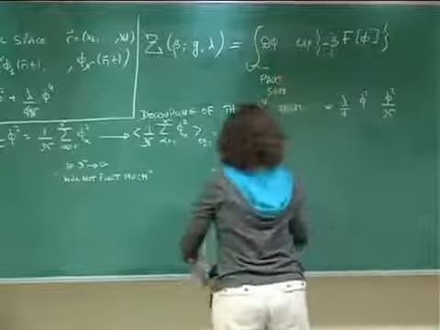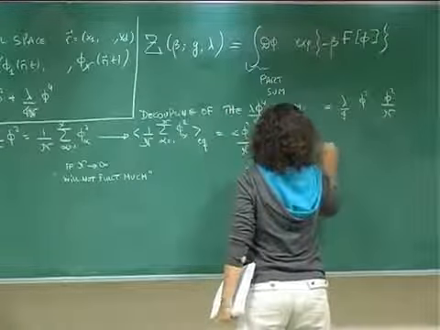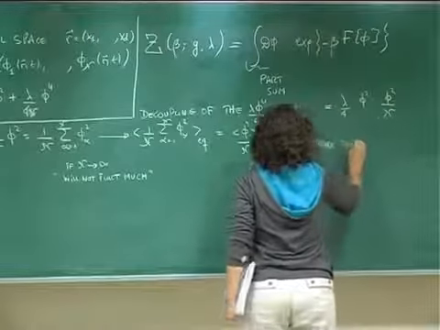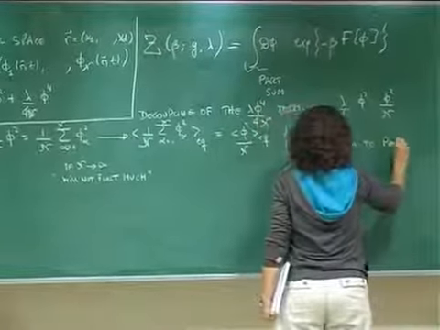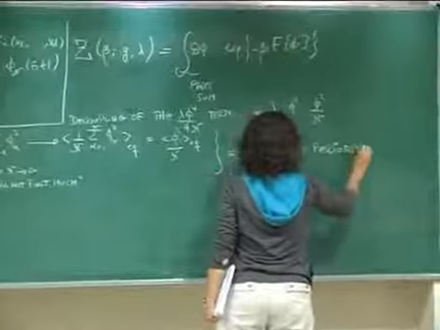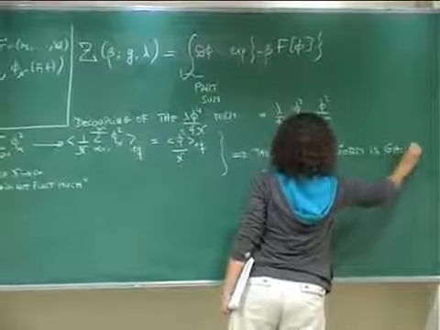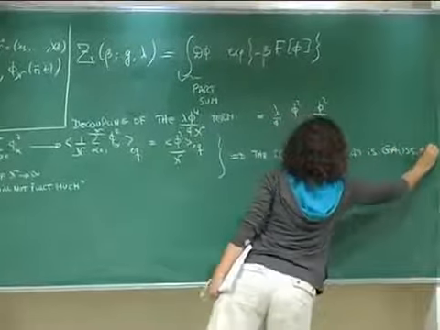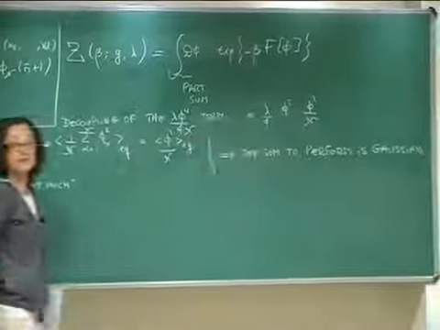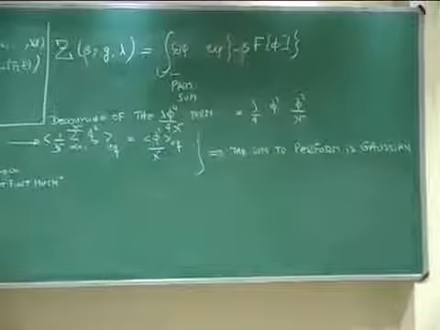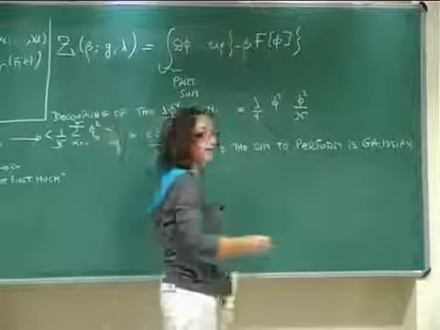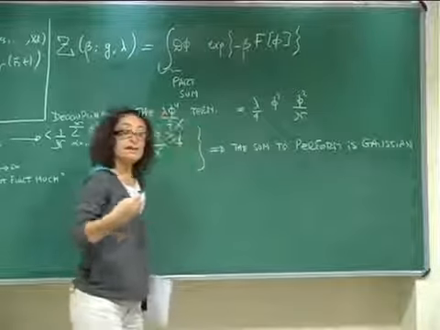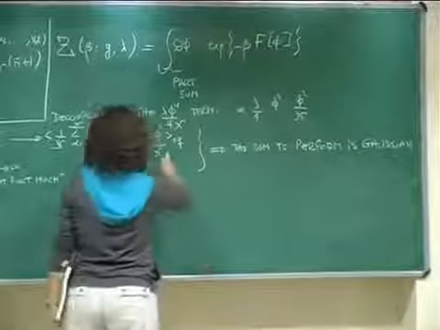Then with this, the sum to perform is Gaussian. I know how to do Gaussian integrals. So if I do the sum with the Gaussian, I can find a self-consistent equation for this average.